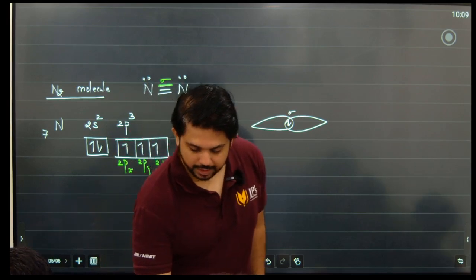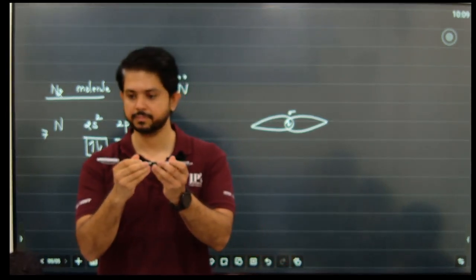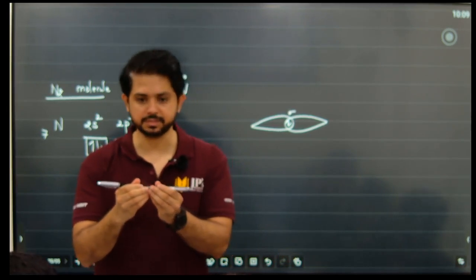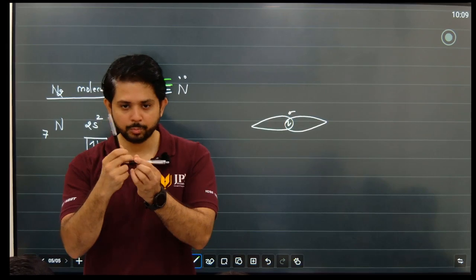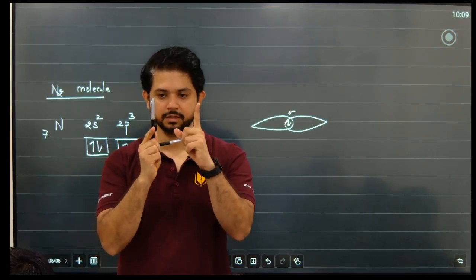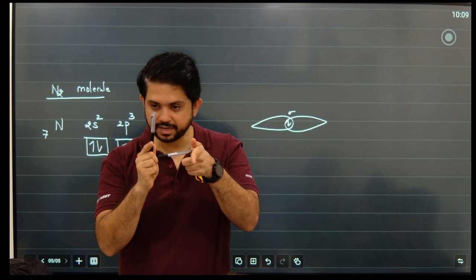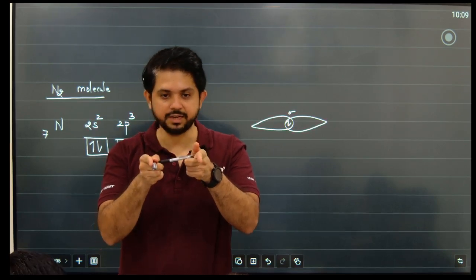So first overlap took place like this. How will the second overlap take place? 2py and 2py. Third overlap कैसे होगा? 2pz and 2pz.